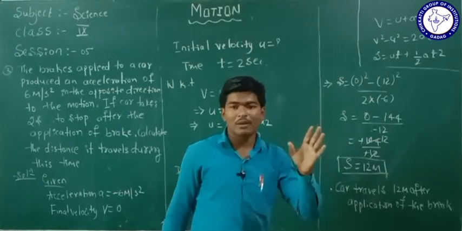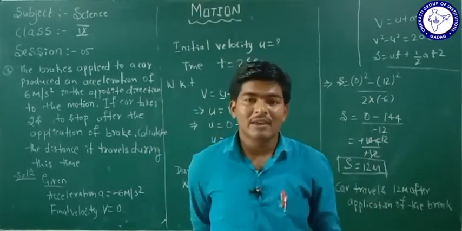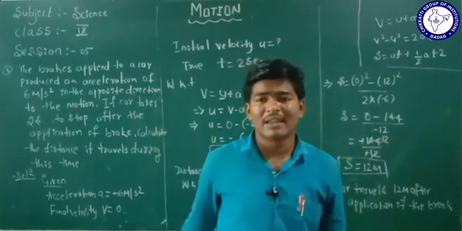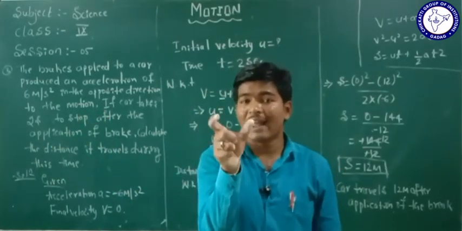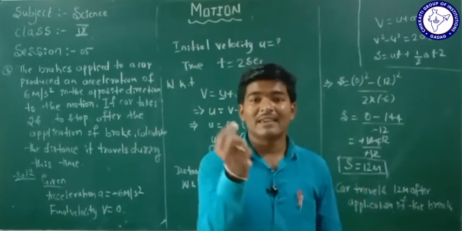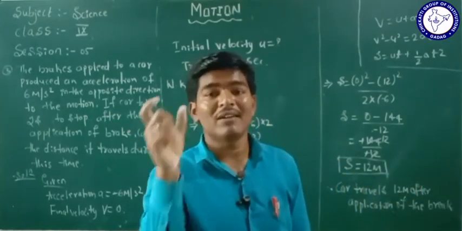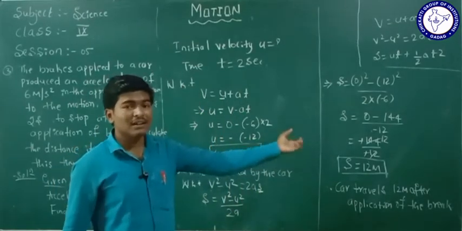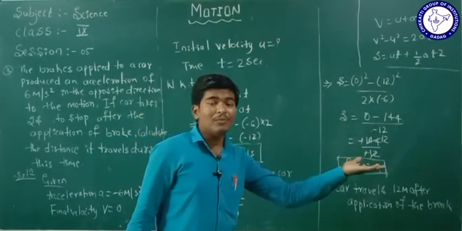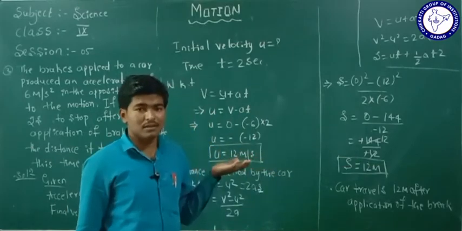You have to remember, on the back side of vehicles like lorries, they write some words, that is keep distance. Why do they write keep distance? Because when they apply the brake, the vehicle will move 12 meter forward. Have you understood?